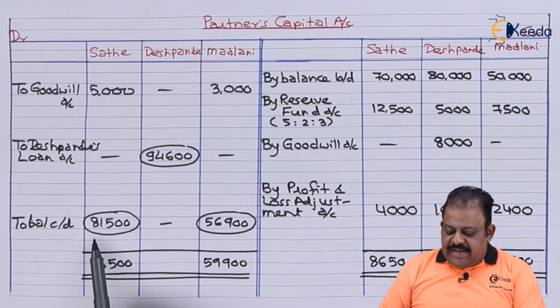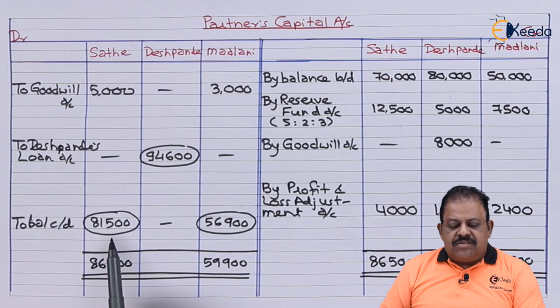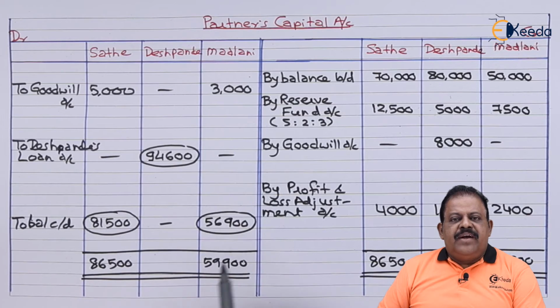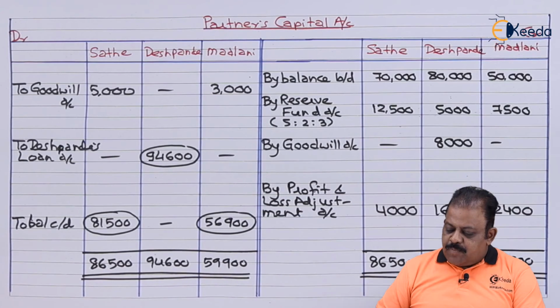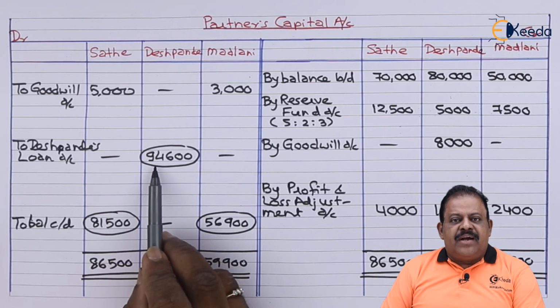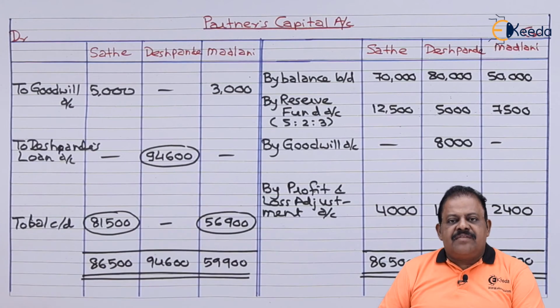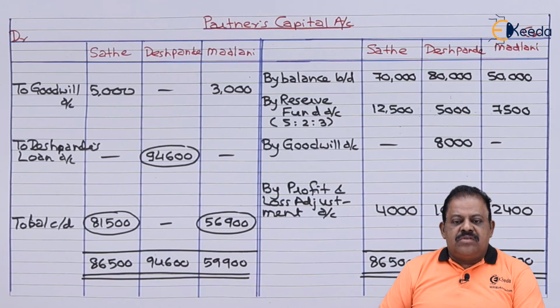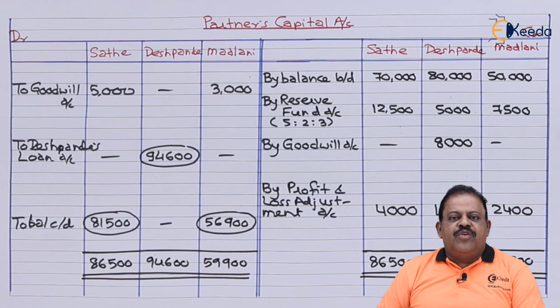Sathe's capital shows 81,500 as closing balance. Madlani 56,900. This will be transferred to new balance sheet as their continuing capitals. We have closed the Deshpande's capital account. It is showing balance payable to him on retirement 94,600. This will be transferred to his loan account, Deshpande's loan account. This loan account will be now transferred to liability side of new balance sheet.